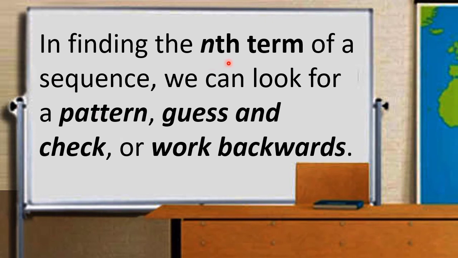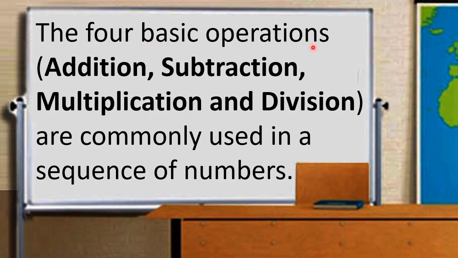In finding the nth term of a sequence, we can look for a pattern, guess and check, or work backwards. The four basic operations, which is addition, subtraction, multiplication, and division, are commonly used in a sequence of numbers.